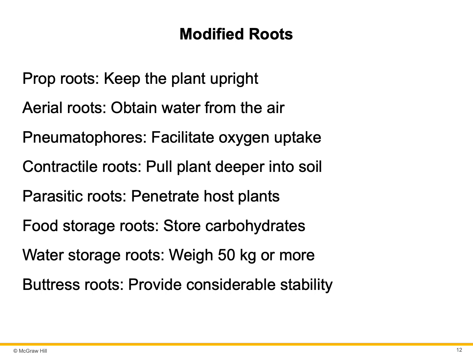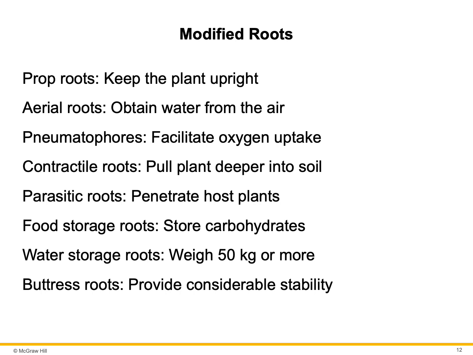And we have parasitic roots. Certain plants such as Cuscuta that lack chlorophyll produce peg-like roots called haustoria. They penetrate the host plant and absorb nutrition, becoming a parasite of that host plant.